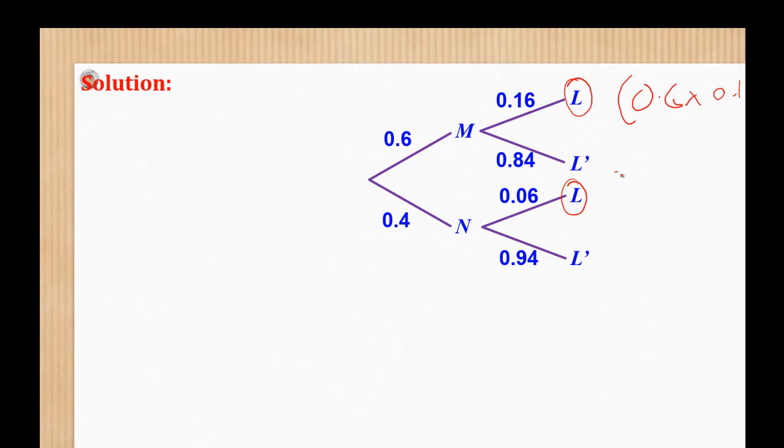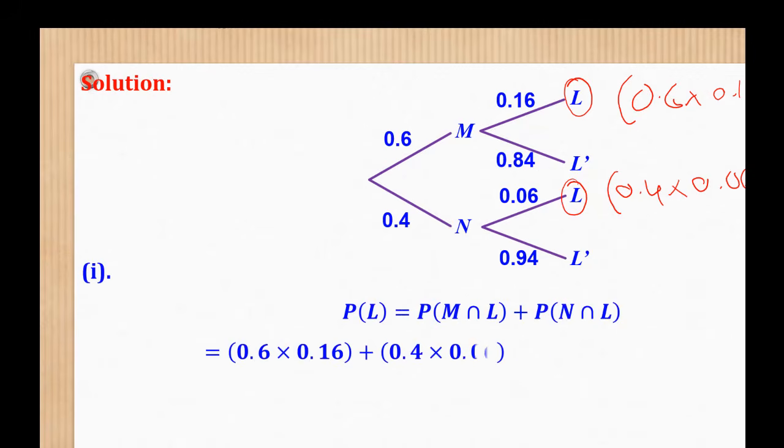The other option is this, which is 0.4 times 0.06, like that. So you write both options, then you add them to get the final probability they want.